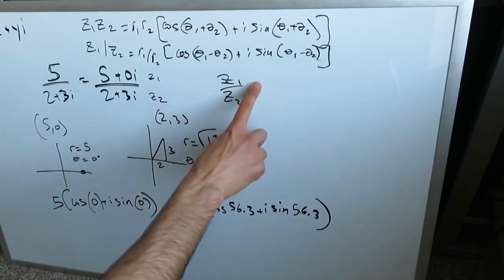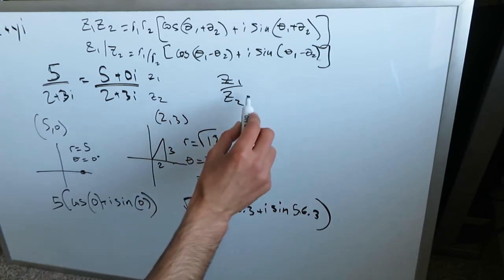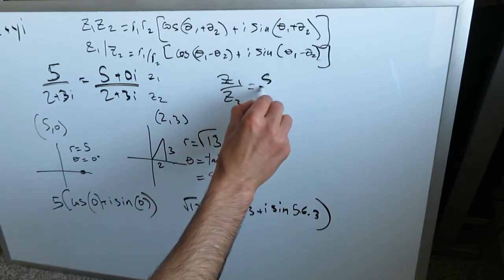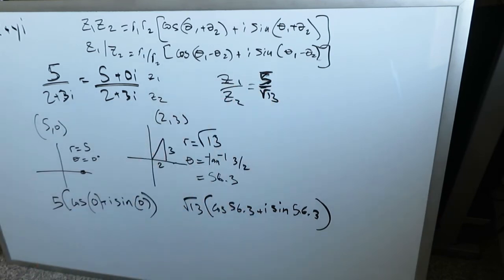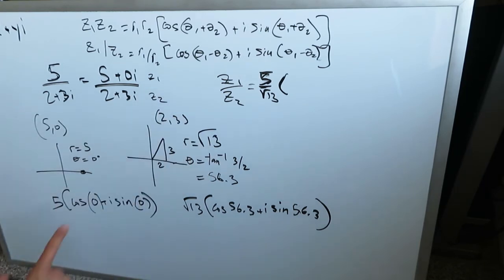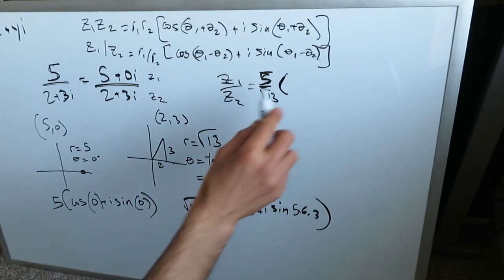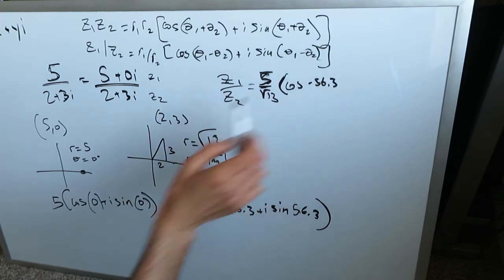I have to now actually complete the operation. The operation is z1 divided by z2. z1 is 5 and z2 is root 13, so you can do 5 over root 13. Now we have to do the actual formula. You're going to be subtracting the angles. What's 0 minus 56.3? It's going to be minus 56.3.